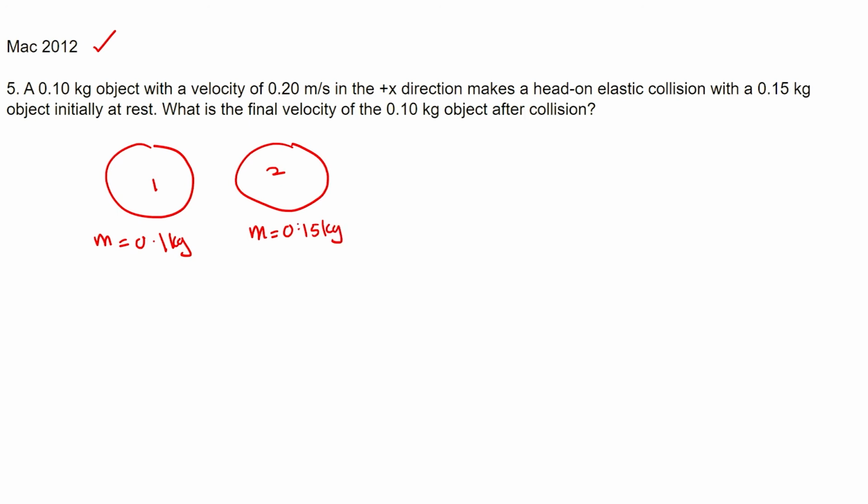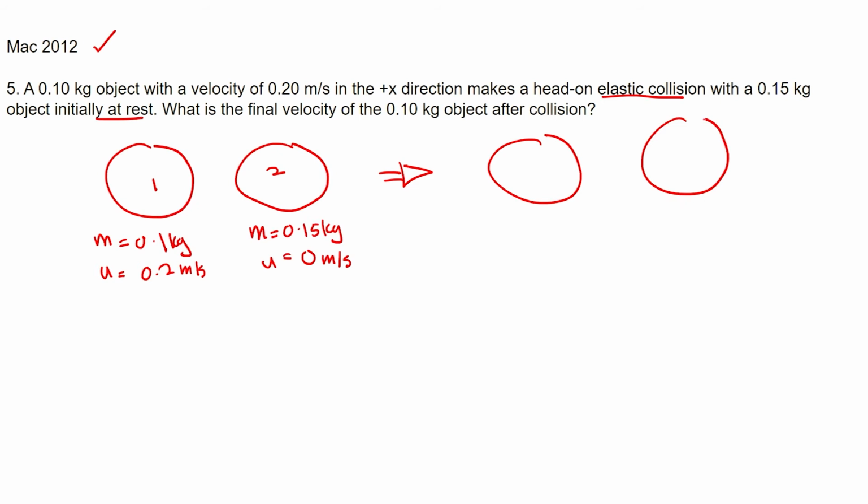Okay, object 1 with an initial speed of 0.2 meters per second, and object 2 initially at rest, so u equals 0 meters per second. After the collision, which is an elastic collision, they move with different speeds.